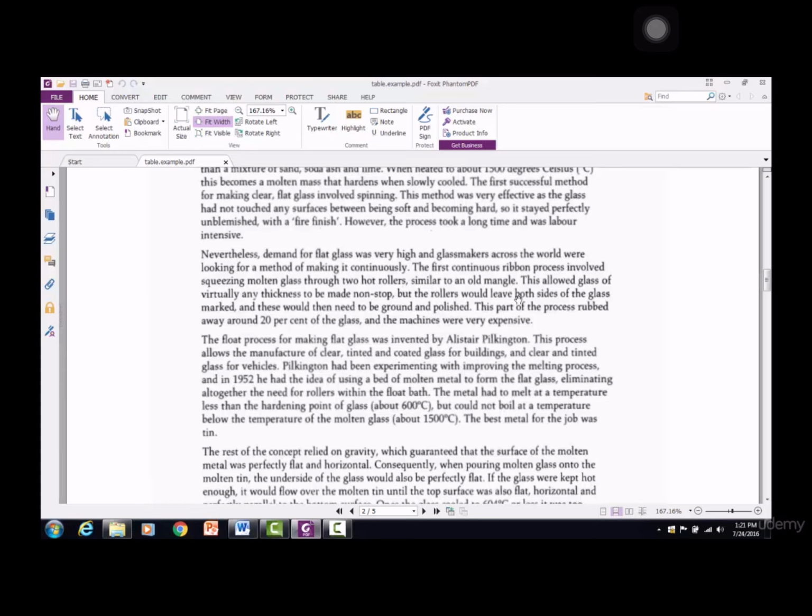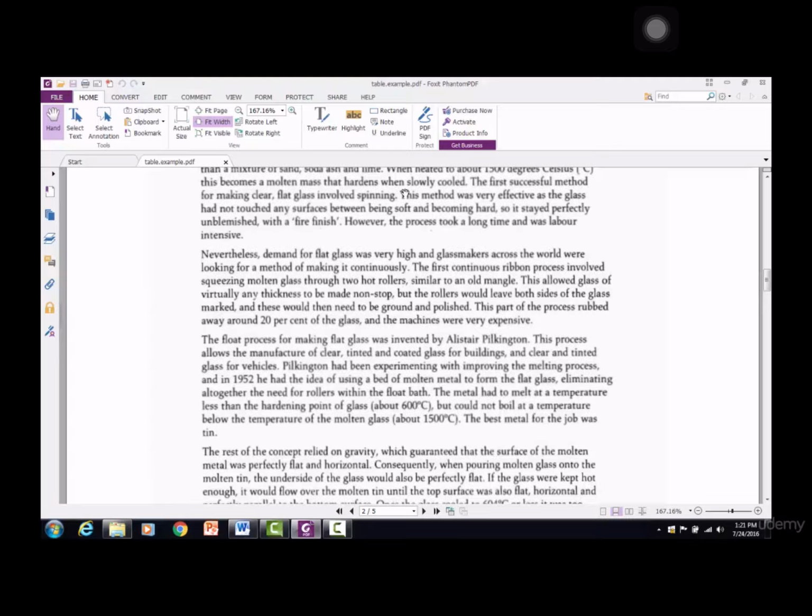But the rollers will leave both sides of the glass marked. Oh, so the glass was marked. It will leave both sides of the glass marked. And these would need to be ground and polished. So the glass was marked. Marked. There's the answer right there. M-A-R-K-E-D. Marked.